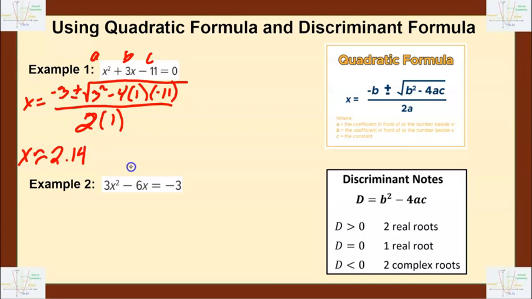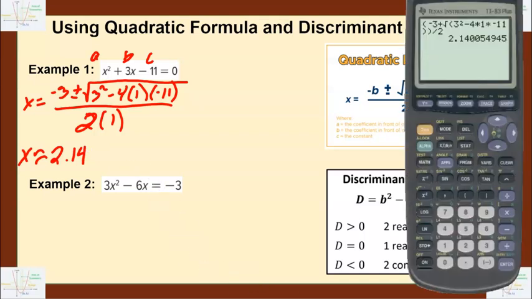Now there is another solution to that one. Let's see if there's another one. So if I hit second, enter, enter, that gives me everything typed in here, and I just need to change this to a minus sign. Then hit enter, and it gives me -5.14.